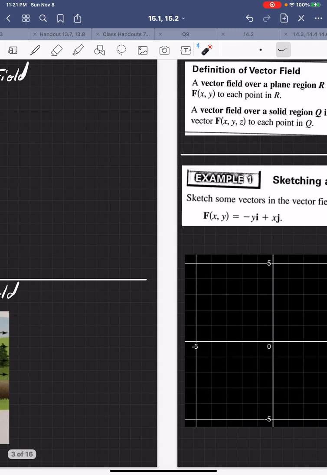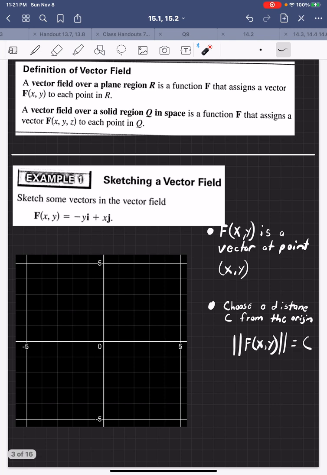But nevertheless, what is it that is required of us? Well, for now, let's start with just a definition of a vector field. We'll start with a plane. Mostly what we're going to be doing right now is over a plane, but we could also extend this definition to space as well.